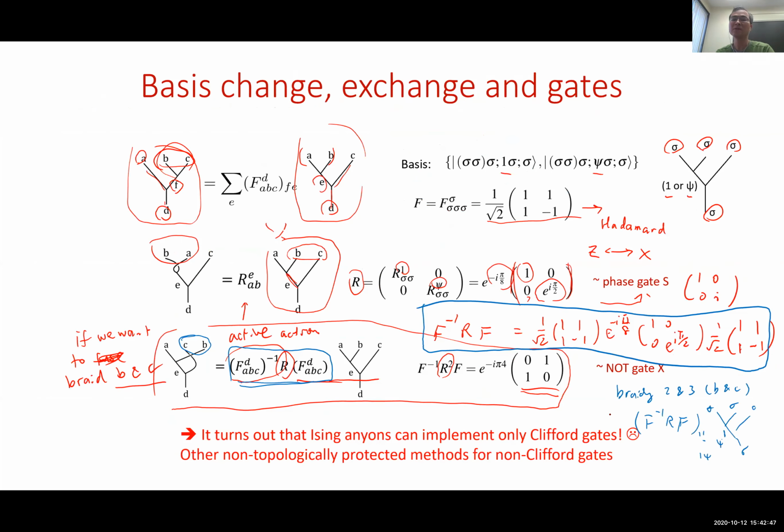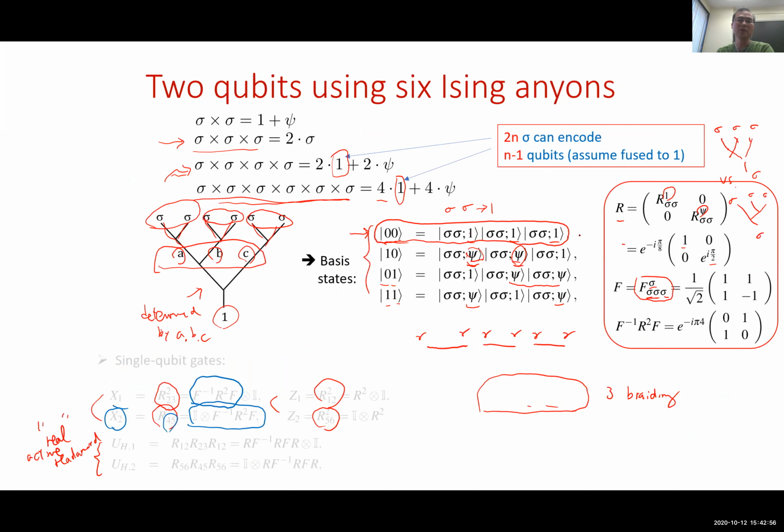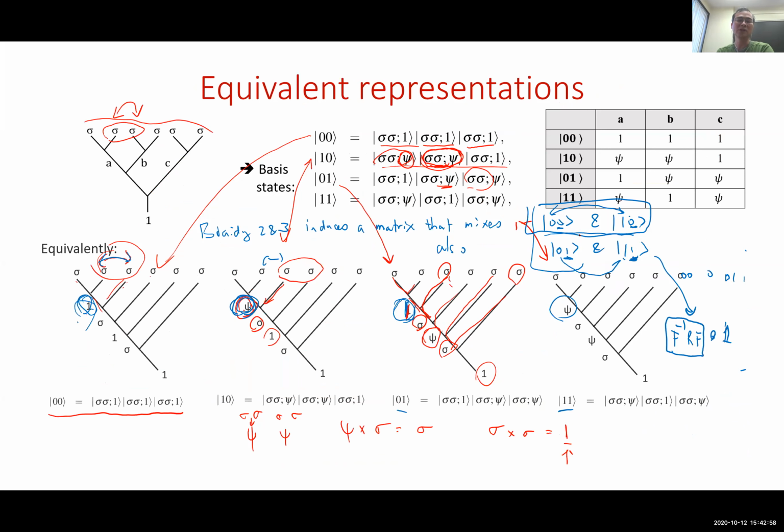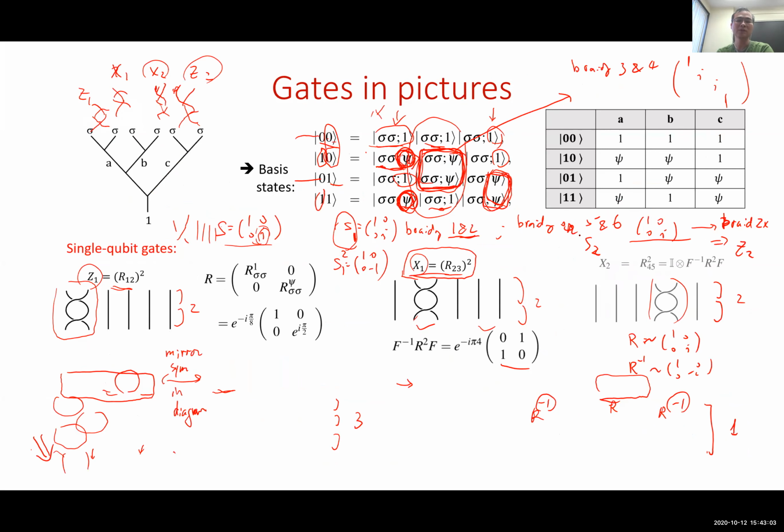This is what I mentioned. Okay, so if you fuse 2 and 3, and if you get energy change, then it's a logical plus state of first qubit.